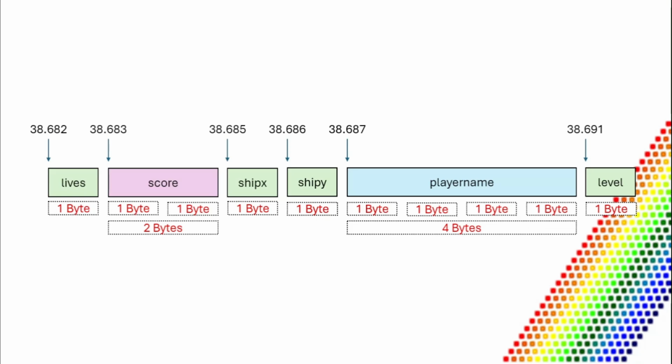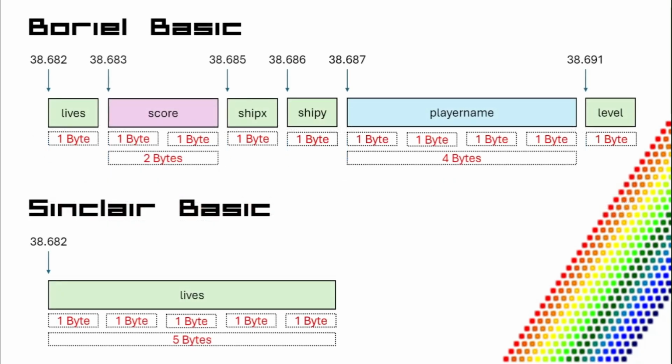And here comes the first classification: numeric variables and text variables. The former, numeric ones, can store numerical values, while text variables store strings of text. Let us see how Sinclair Basic stores numeric variables. A numeric variable in Sinclair Basic always occupies 5 bytes, whether it is the number of our lives or our score.